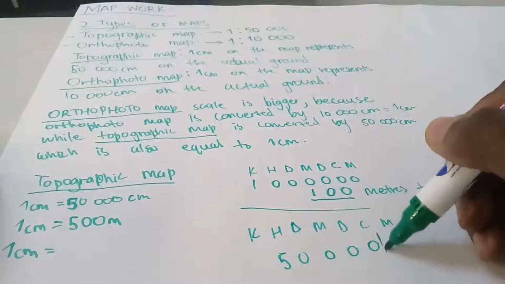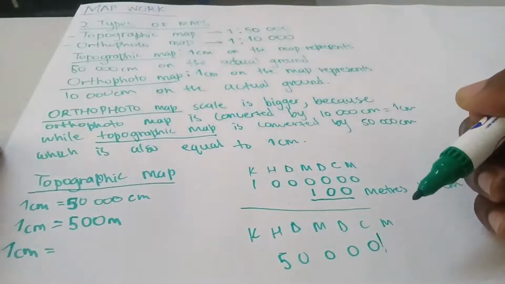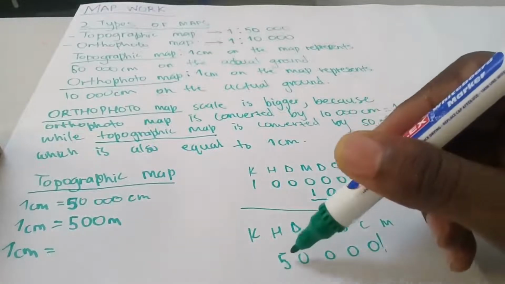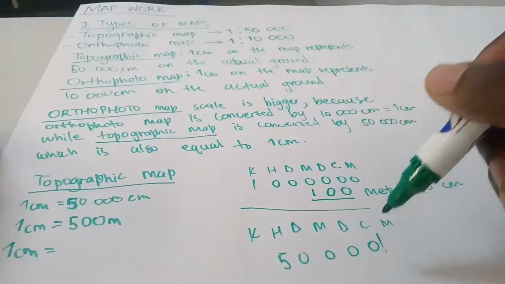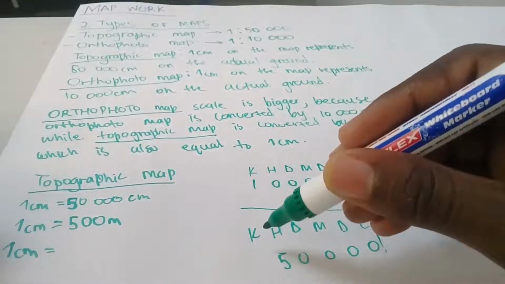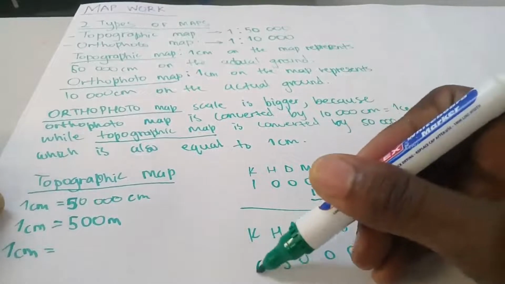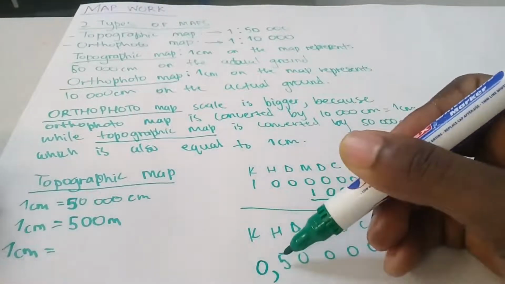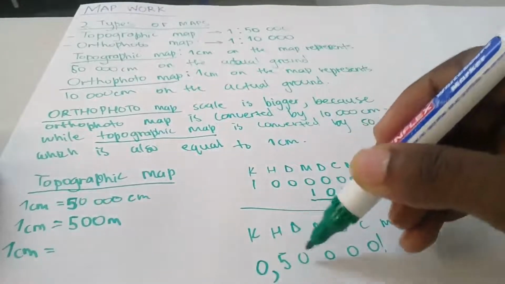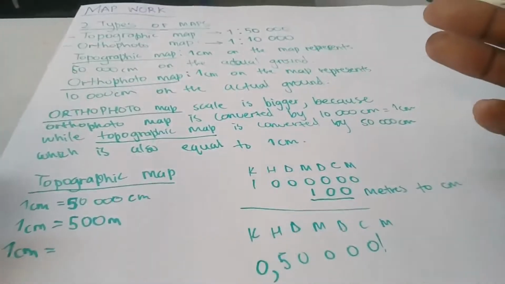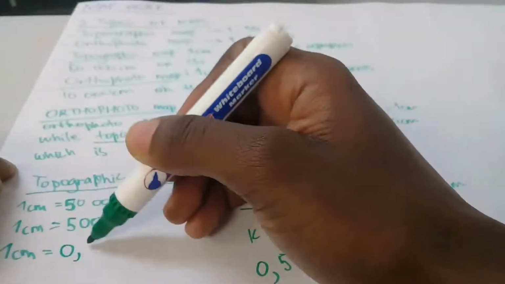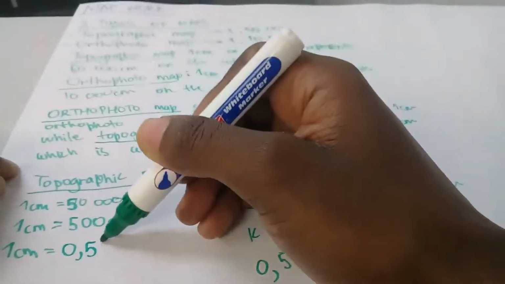In order for you to change this 50,000 centimeters scale to kilometers, you are going to multiply by 0.5. So 0.5 kilometers is equal to 50,000 centimeters.